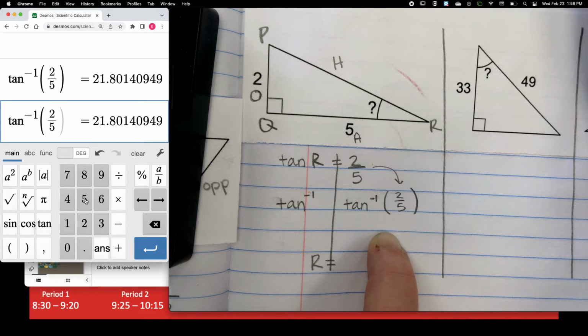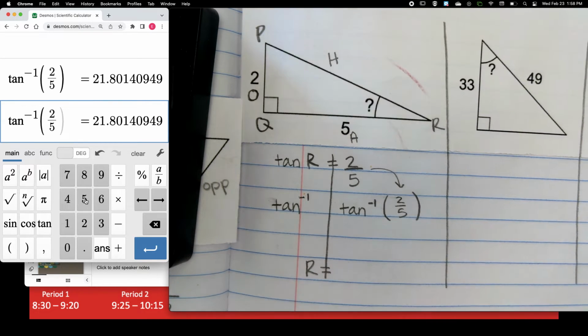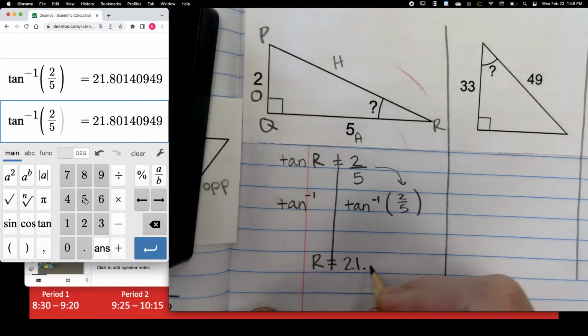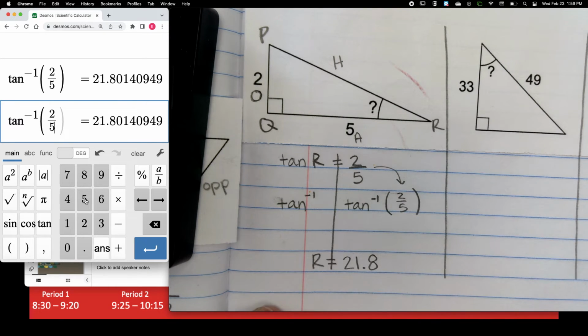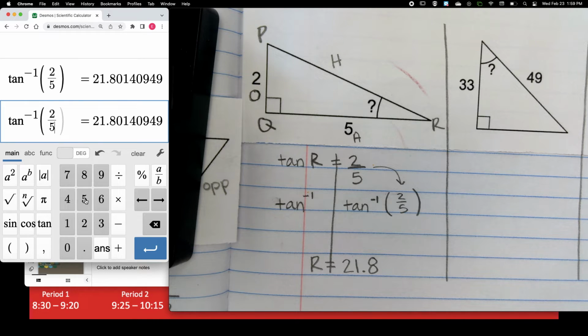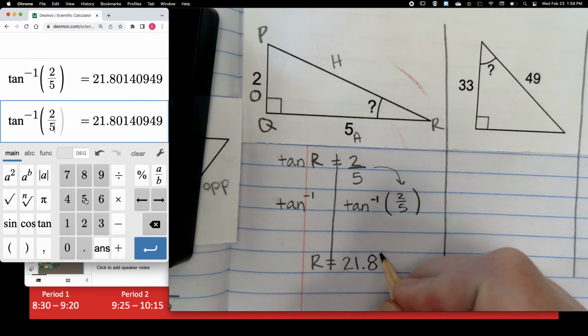For me, it's easier to just hit that tan -1 already, but that's your choice. So this is going to be 21.8, and this is an angle, and all angles have a certain way of measuring. How do we measure all angles in what unit? Degrees.